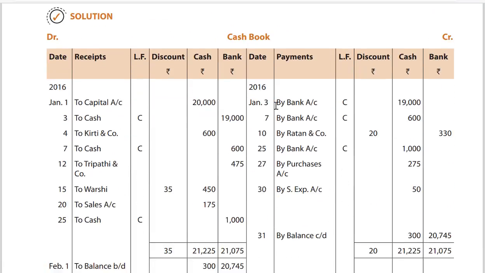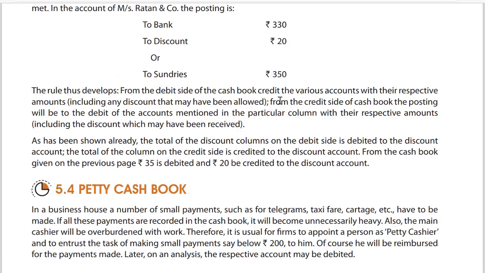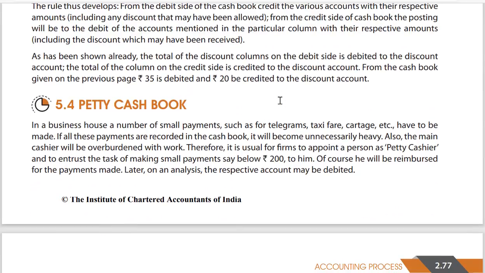We had done an illustration related to it also. We had also learned how to do the postings of cash book entries. We had also learned about the petty cash book, and the imprest system that is a part of petty cash book.